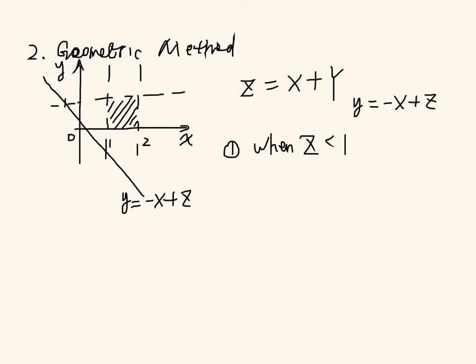When z is less than 1, we have f of z equal to the probability of x plus y less than or equal to z. That is the area of this area.